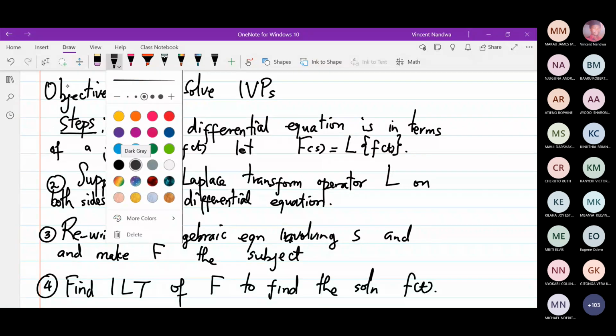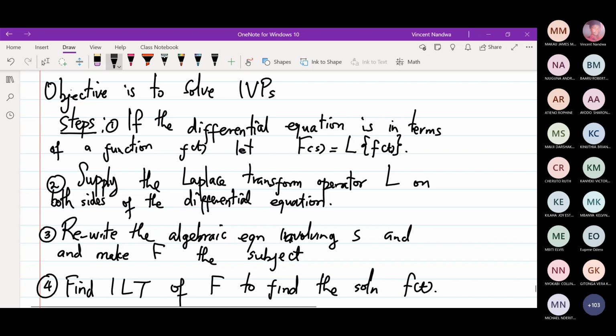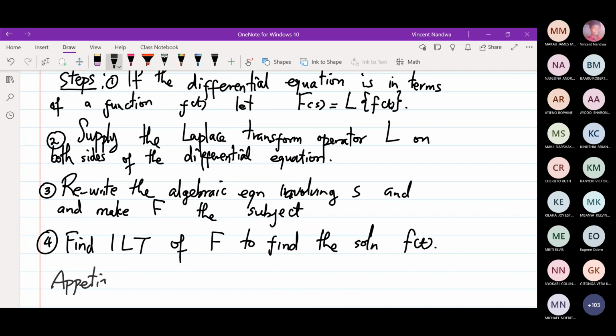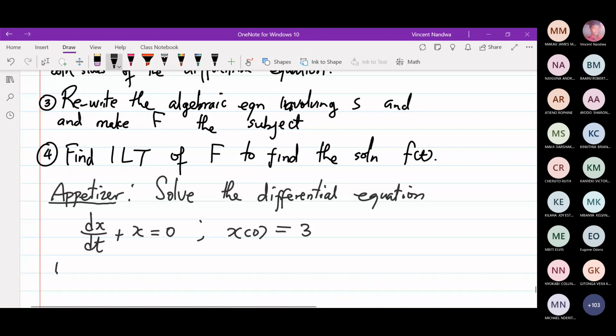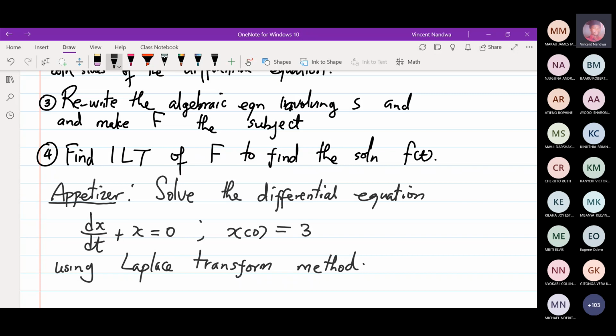So let's give an appetizer. Solve this differential equation using method of Laplace transform.